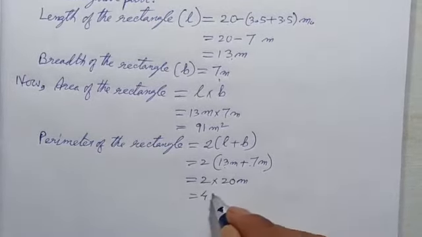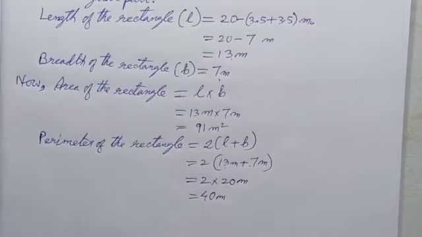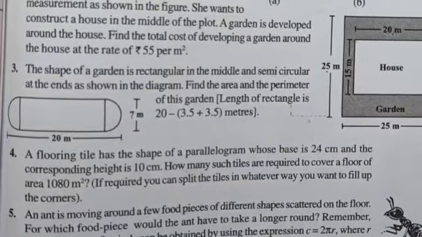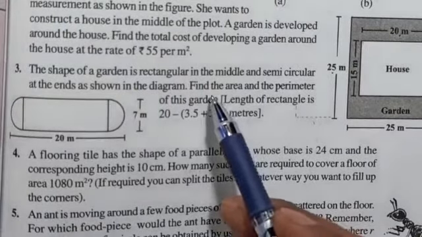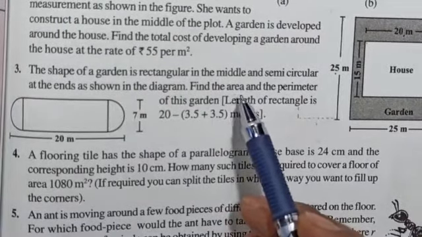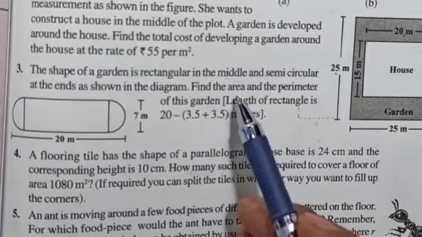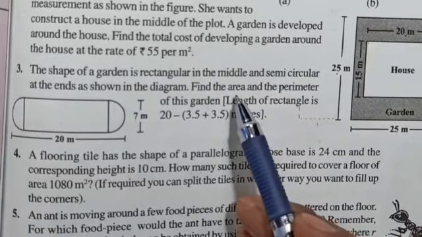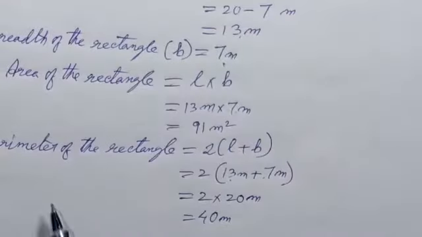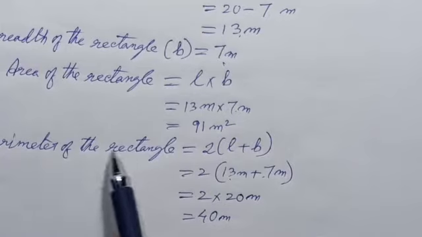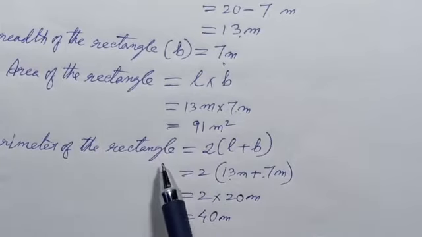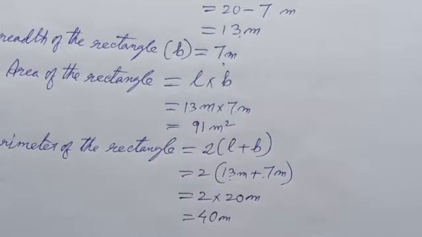So this is the perimeter of the rectangle. In the question, it is said to find the area first, so let us calculate the area first. The perimeter we will calculate afterwards.